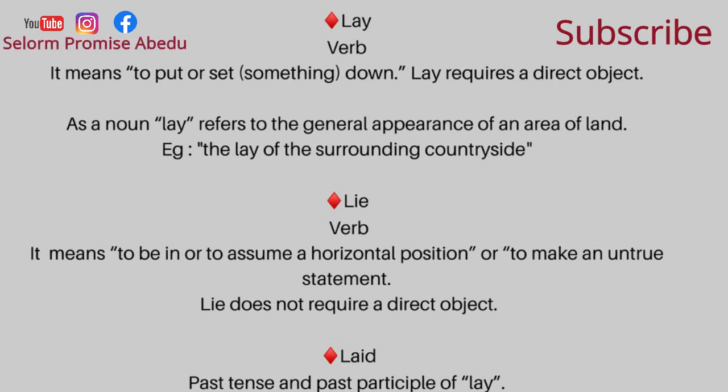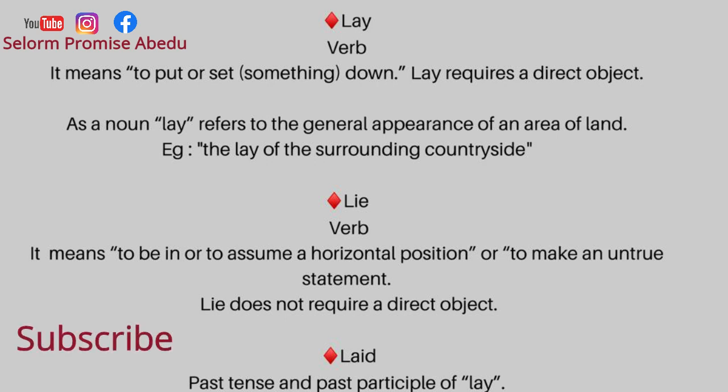For example, the lay of the surrounding countryside. Lie, on the other hand, is a verb which means to be in or assume a horizontal position or to make an untrue statement. Lie does not require a direct object, whereas laid is the past tense and past participle of lay.